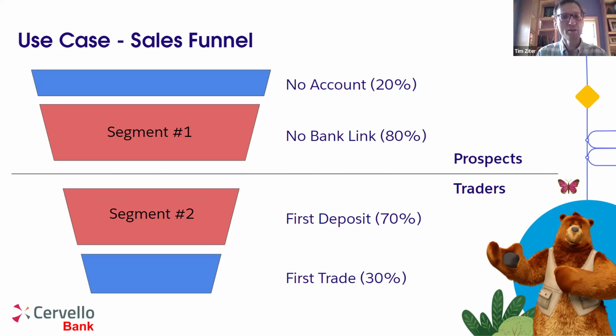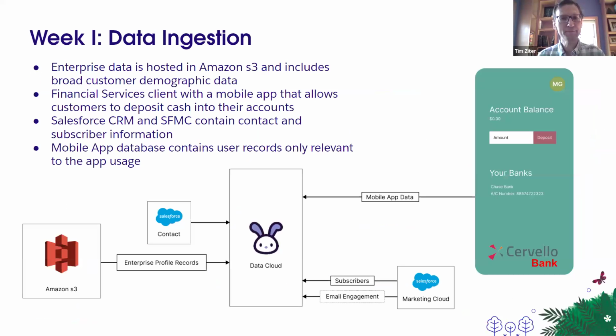So let's talk about where we are today. In Sandesh's segment, he covered the ingestion part. Now for this model, we're pulling data from all different types of sources into Data Cloud. So like we talked about, that challenge of the data in the mobile app, we're pulling that right into Data Cloud so that we can access that data. We're also pulling in enterprise data from the Cervello Bank enterprise that's coming through the S3 bucket.